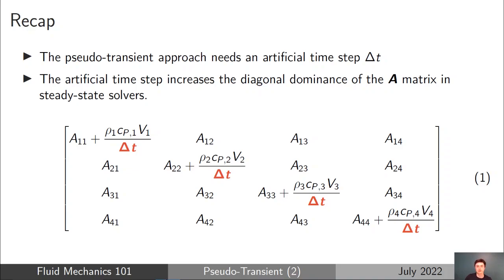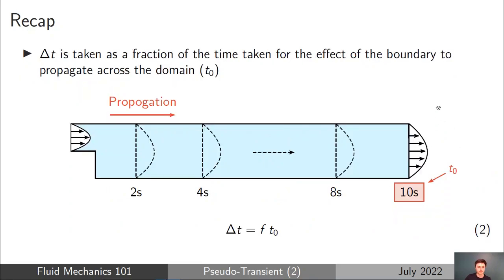And the magnitude of this additional term depends on the size of the artificial or pseudo time step delta t, which is something that the user controls. And you can see straight away from the matrix that the smaller the pseudo time step, the larger the increase in the diagonal dominance of the A matrix, and the more stable the calculation is going to be.